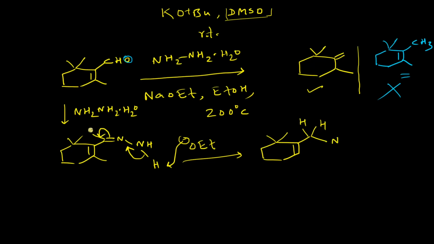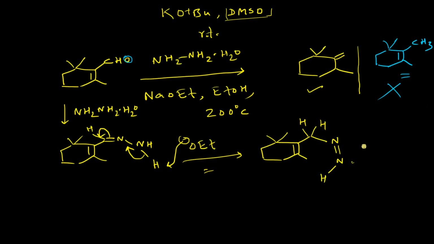So initially here was one hydrogen atom and now after this step there will be 2 hydrogen atoms. There will be a nitrogen double bond and one hydrogen will be there attached with this particular nitrogen center.